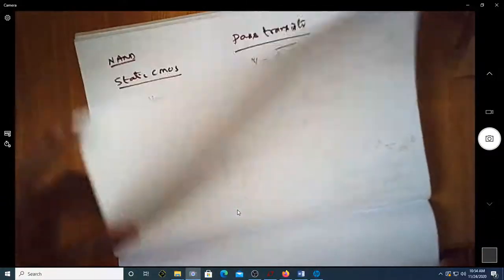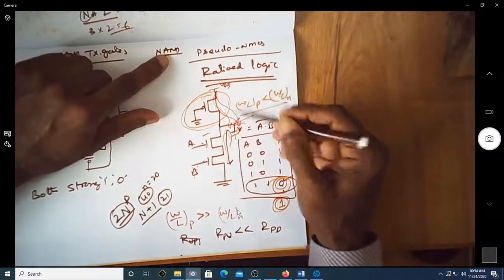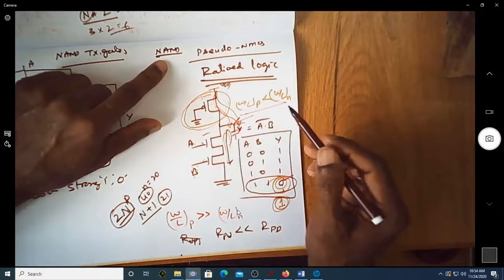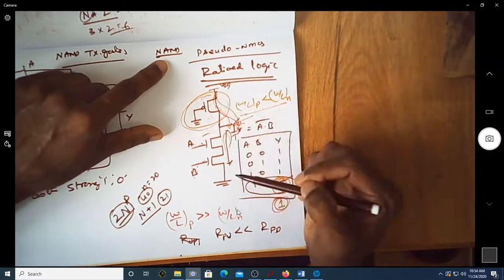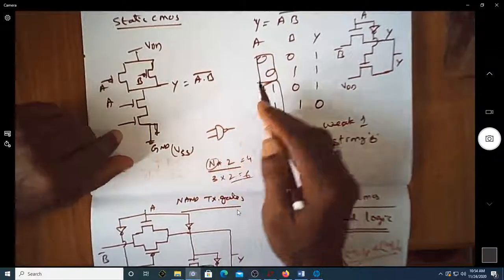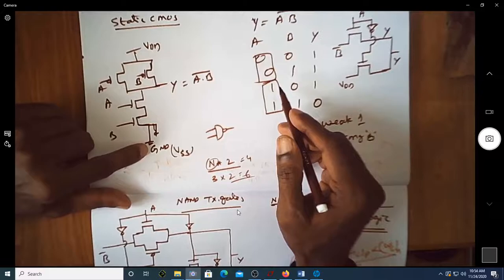So let us see one more logic where we have a slightly different thing. Of course, along with the problem of ratioed logic, in case of pseudo NMOS there is a possibility of static power dissipation. If you can see here, for any given combination of the 4 possible combinations, one of the transistors will be always off.